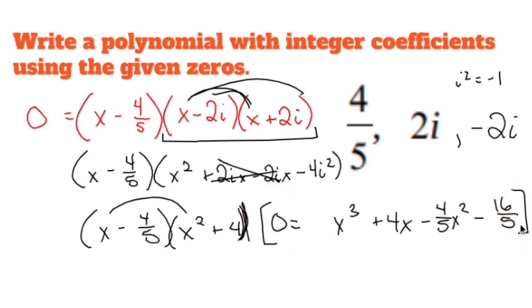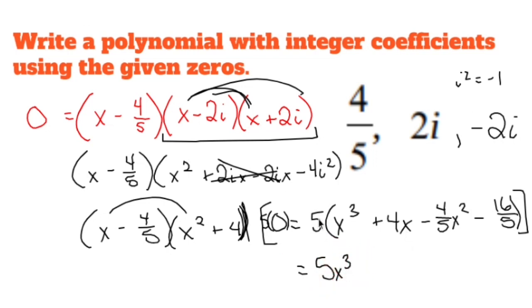Before I call it a day, I'm supposed to have integer coefficients. So I'm allowed to multiply both sides by 5. Why am I doing that? To make these fractions no longer fractions. So by doing that, I now have a polynomial where I can have 5x cubed.